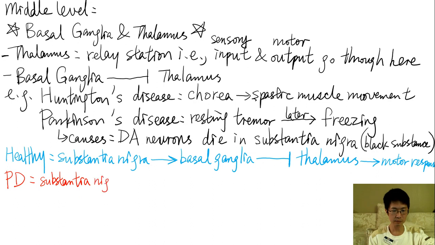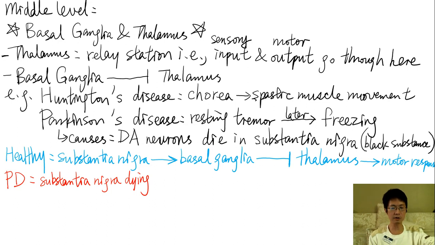In other words, your substantia nigra is dying because the neurons there are dying, okay? It makes sense, right? If the dopaminergic neurons in the substantia nigra die, that means the substantia nigra is also dying.